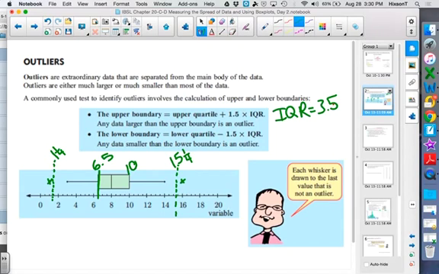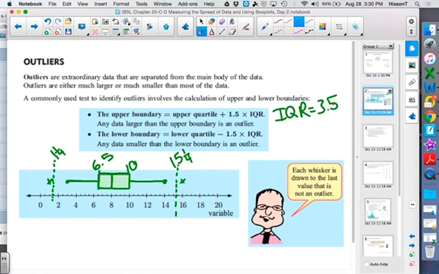But the next highest value must have been a 3. So we only drew the whisker to 3. We didn't take it all the way down to 1 1/4. Okay? So there's our box plot with the outliers identified properly. Okay? Does that make sense?